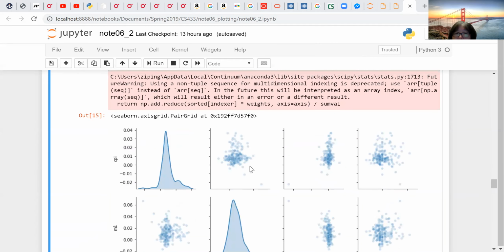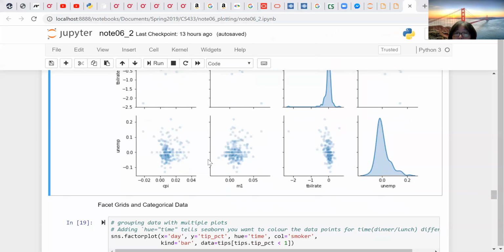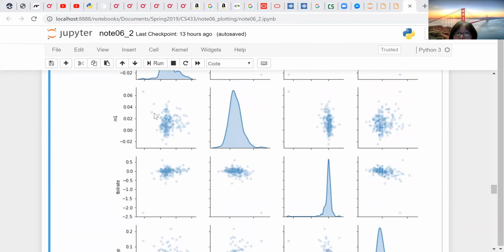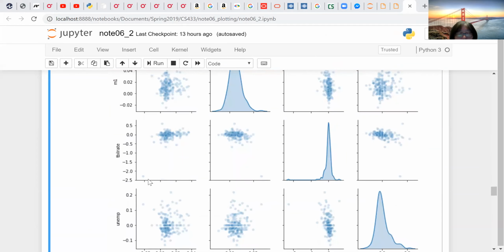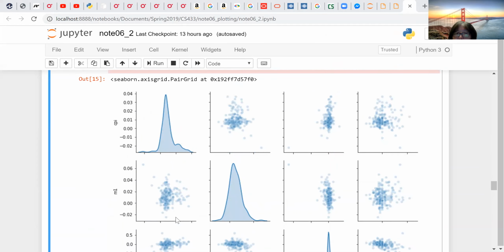If we take a look at the result, we will see that in total we have 16 plots. We have 4 rows of plots and 4 columns of plots.